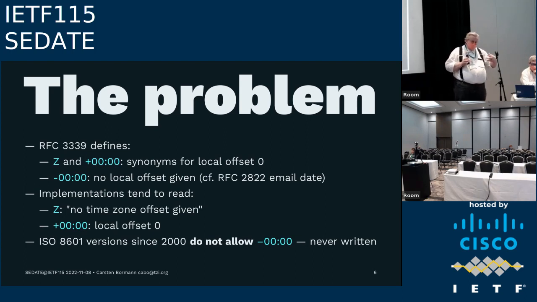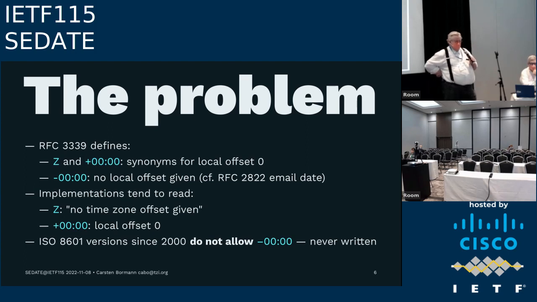You're telling the recipient that, for instance, the person who generated this timestamp actually uses the local offset to convert the UTC time into their local thinking. And to opt out of giving that information, again, we have -00:00. That means no local offset given.